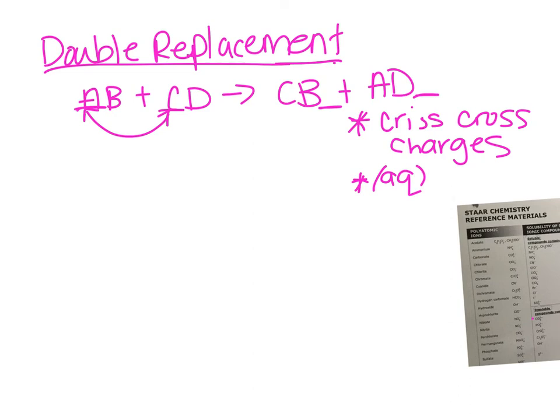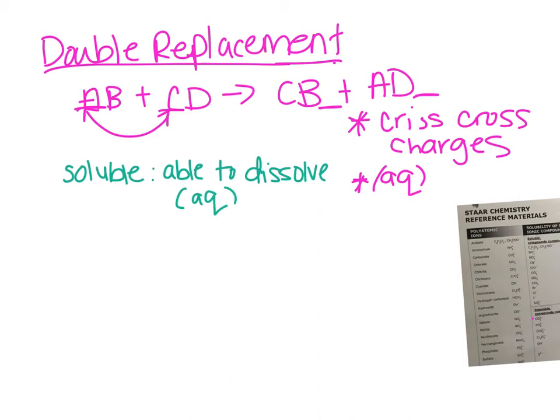All right, so let's talk about what soluble and insoluble mean real quick. They are words that we've seen before, but just in case. We have soluble, which means able to dissolve, or aqueous, okay? So state of matter, aqueous.